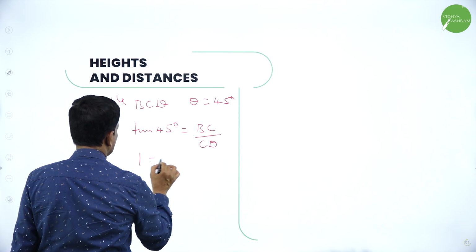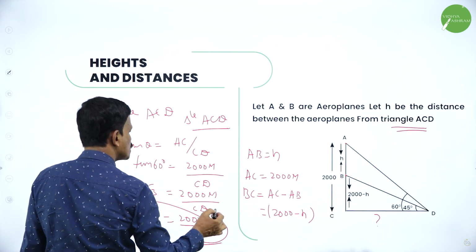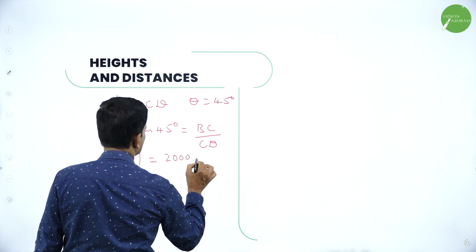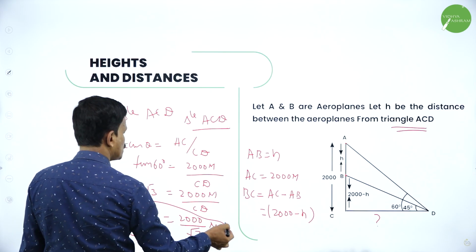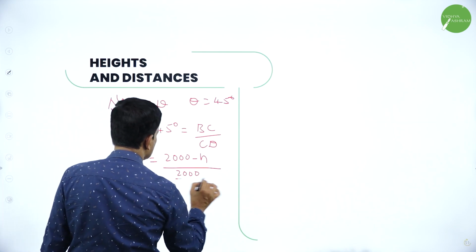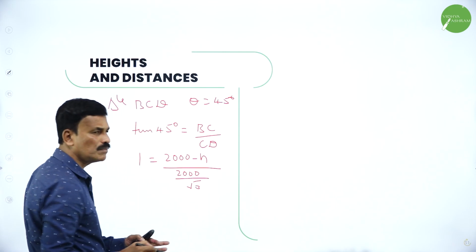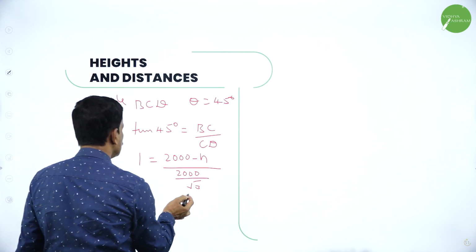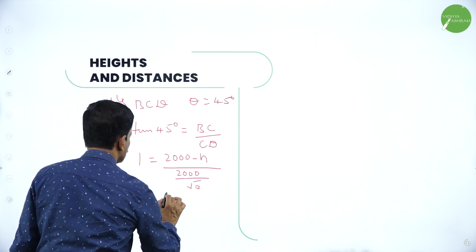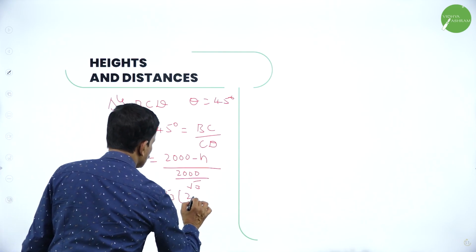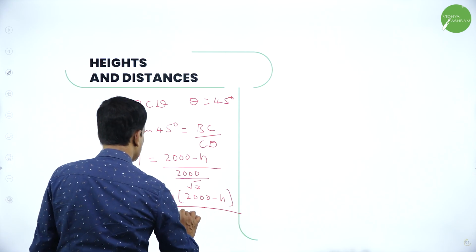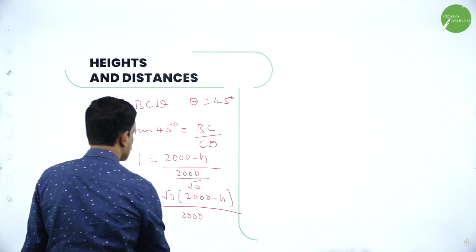What is tan 45? 1 is equal to the distance BC, which is nothing but 2000 minus H, divided by CD. What is CD? 2000 divided by root 3. Simplify, you will get the value of H. So this goes to the numerator. 1 is equal to root 3 into 2000 minus H divided by 2000. Cross multiply this.